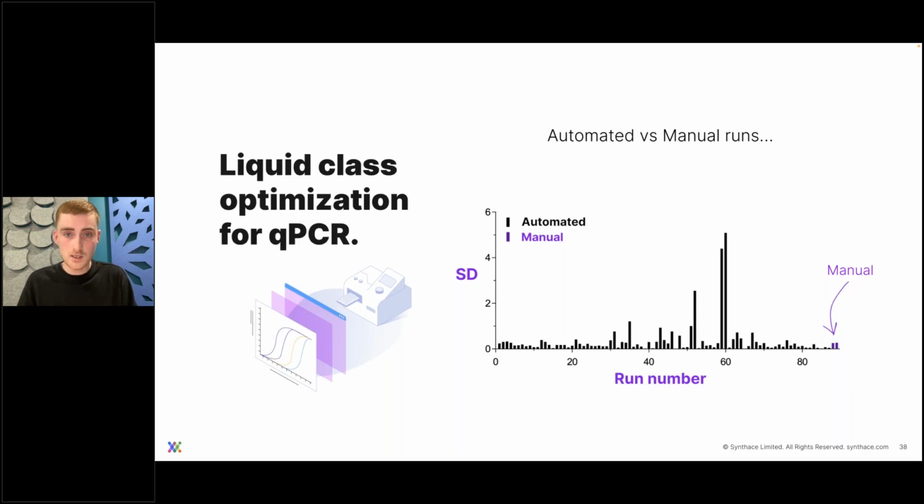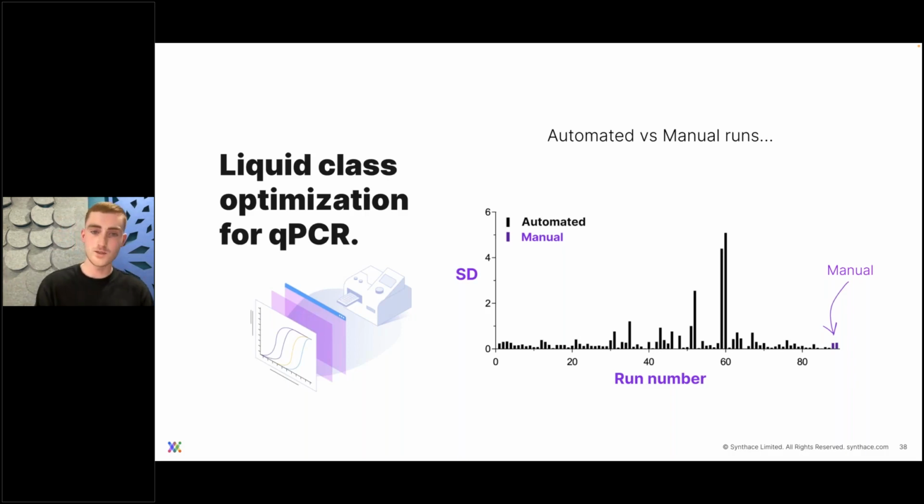For the most part, the automated executions had significantly larger standard deviations, which is not ideal, of course, but we can see that there were a large amount of runs that had very low standard deviations. And from that, we can assess the best liquid classes for this use case.